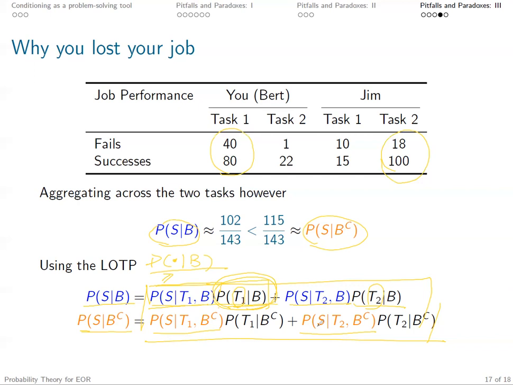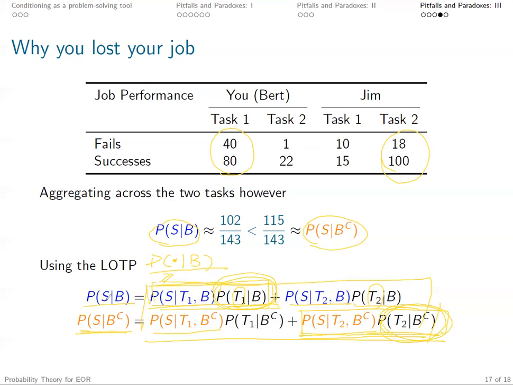While as for the second equation, because Jim is more likely to do task 2, the value of the probability of S given B complement mostly comes from the second term.